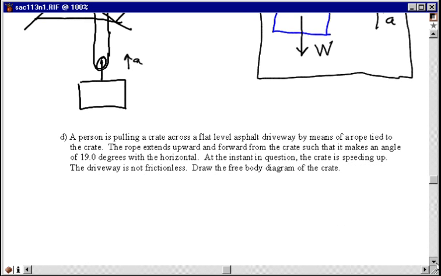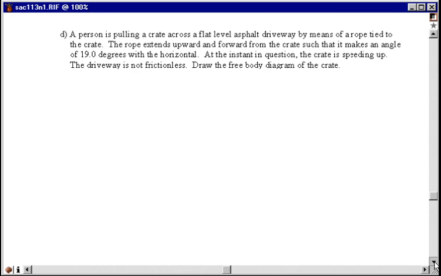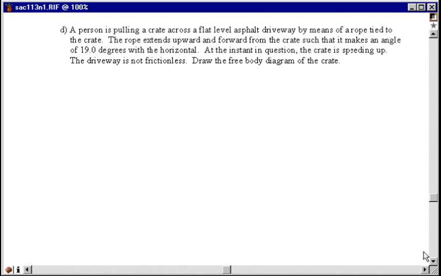Let's move on down to part D. This is the last part. A person is pulling a crate. Again, I'm going to draw a sketch of this situation. I have a flat asphalt driveway, and the crate is pulled by means of a rope. Here's the rope. And then put a person in there.